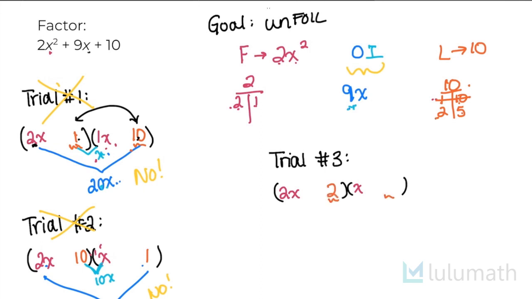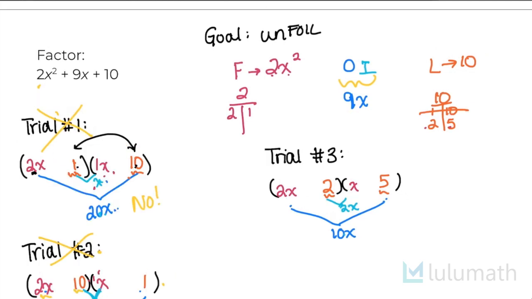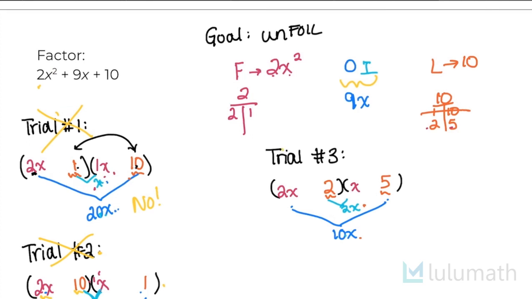So I'll put a 2 here, and I'll put a 5 there. Now, same thing, let's do our outside terms. So 2x times 5 is 10x, and let's do our inner terms. 2 times x is 2x, and there's no way that 2x and 10x will ever give us this 9x that we're looking for. So that means trial number 3 does not work either.